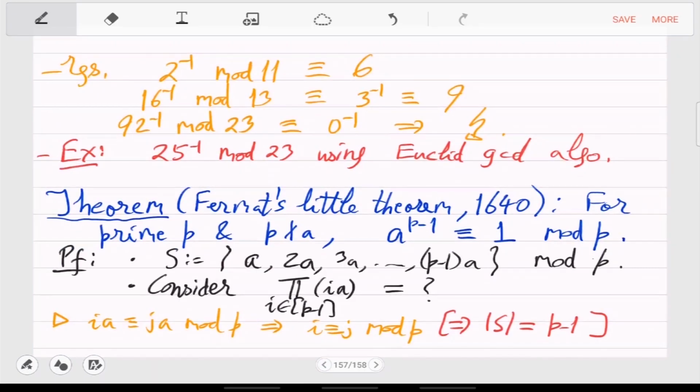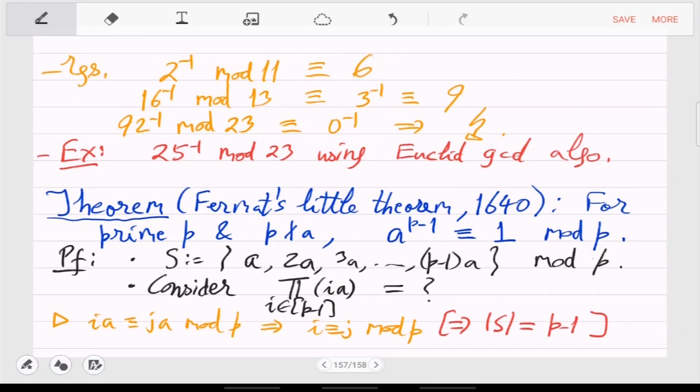We are scaling up by A, but A inverse also exists, right? So the scaling is just permuting the elements 1 to p minus 1. So if you think of S as an ordered set, then it is simply a permutation of 1 to p minus 1.